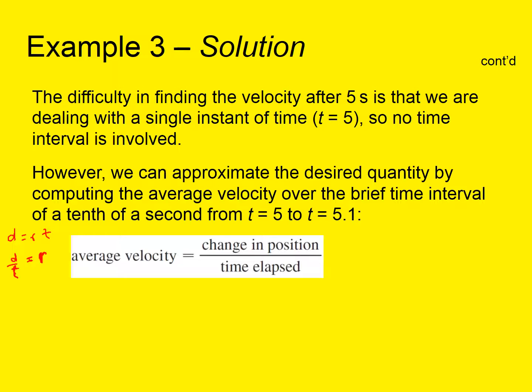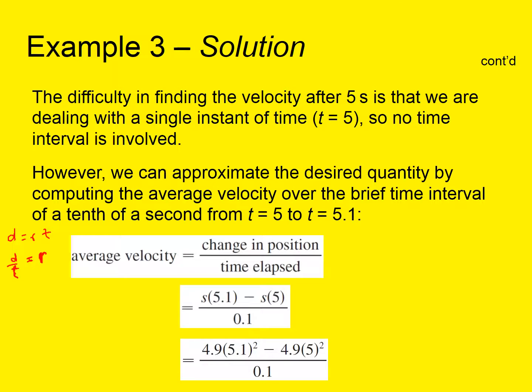Same problem. So s of 5.1 minus s of 5, and we're going to divide by the time elapsed, which is 0.1, which is 5.1 minus 5. So again, it's like a slope formula, y2 minus y1 over x2 minus x1.